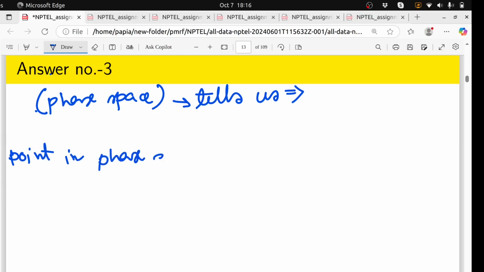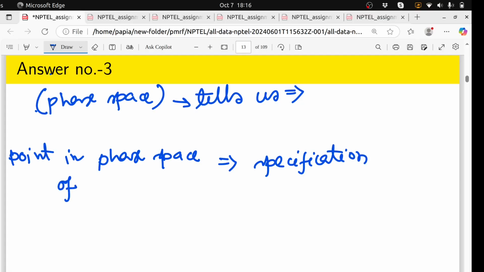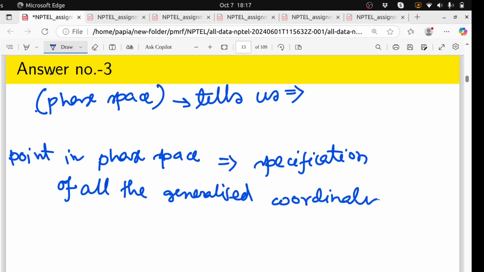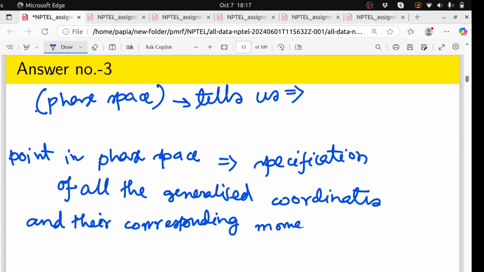A point in phase space basically tells us the specification of all the generalized coordinates and their corresponding momenta at an instant of time.